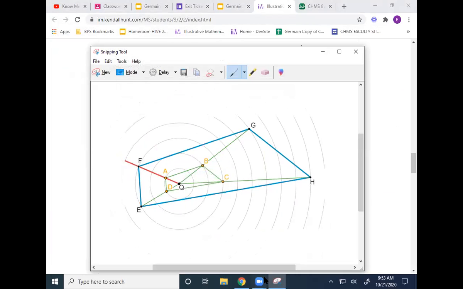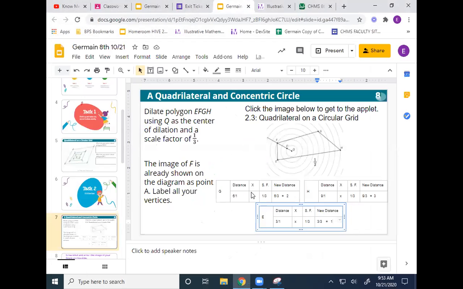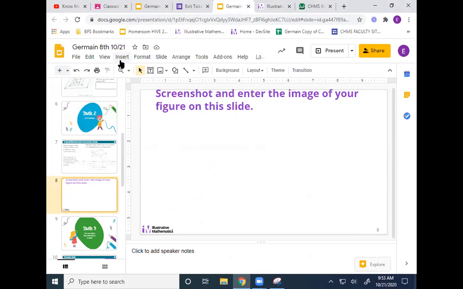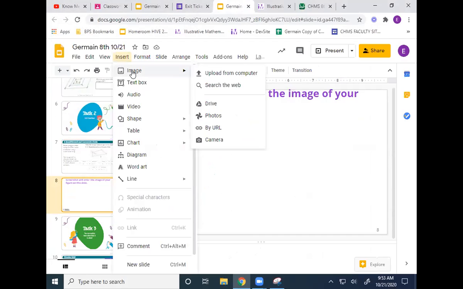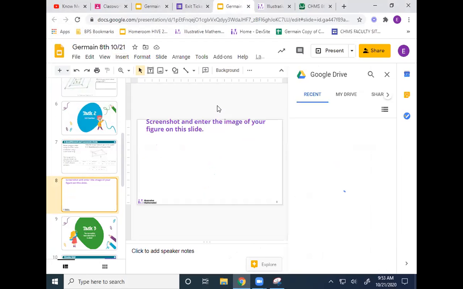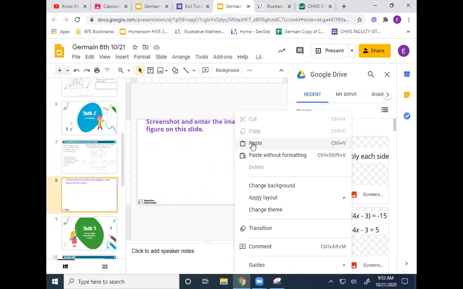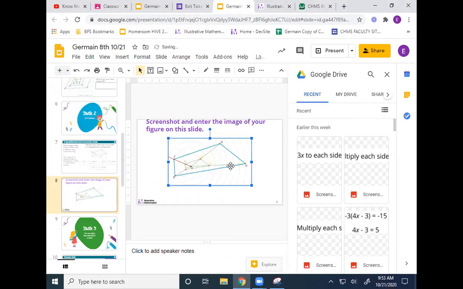And remember, when we come back to our slideshow to insert that picture on the next slide, on slide number 8, you go insert, image from drive, and then it should be that first picture that you took, that first screenshot. Mine isn't up there because I'm not on my Chromebook right now, but when you paste it, it should paste your work in.